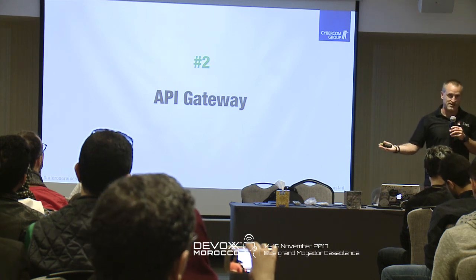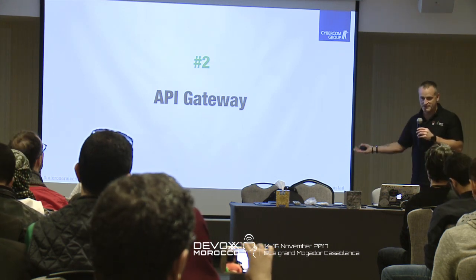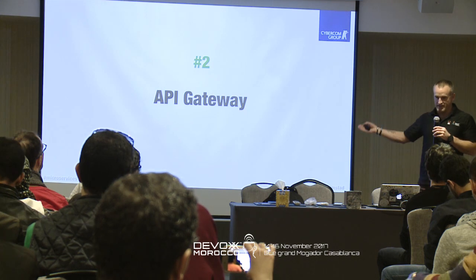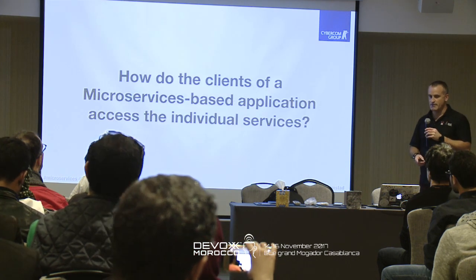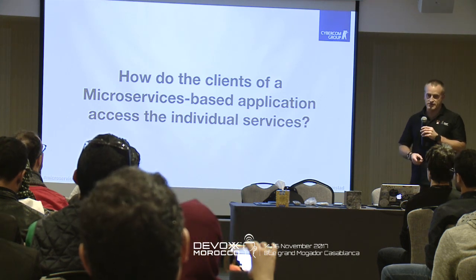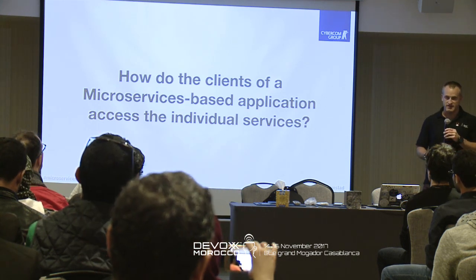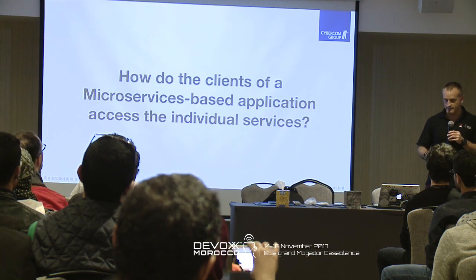I don't have a demo for pattern number 1. Demos come later. I don't have a demo for pattern number 2 either, because it's very simple. The API gateway addresses how the clients of a microservice-based application access the individual services.